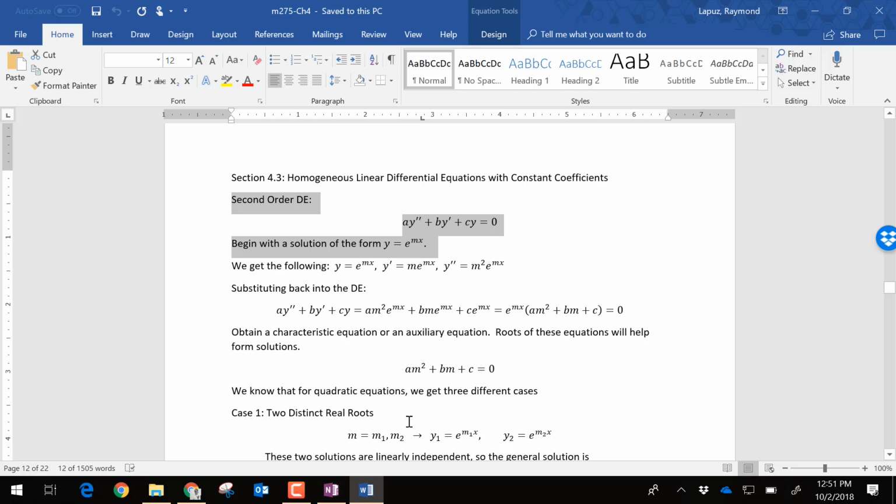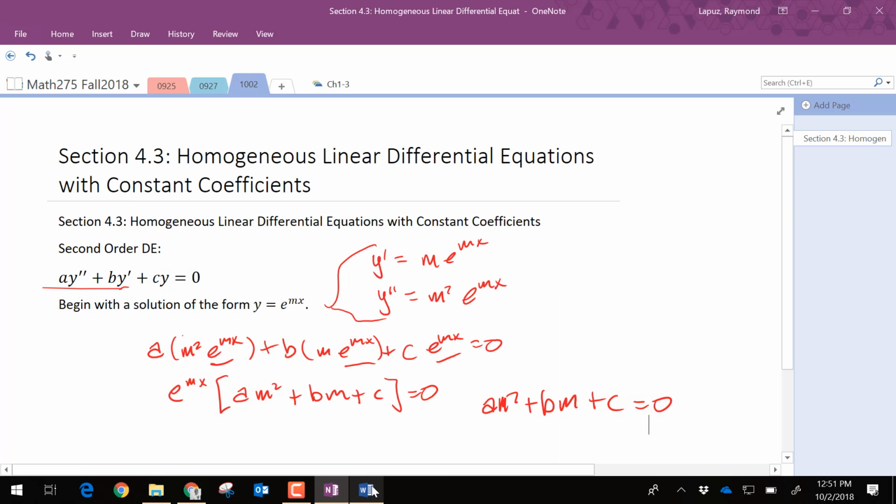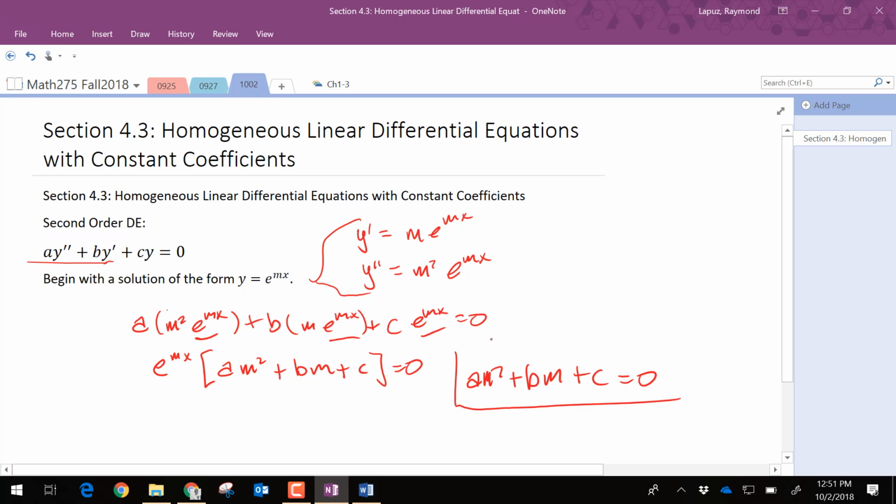Yeah, there you go. So this is called a characteristic or auxiliary equation, and this equation will help us find our m's.